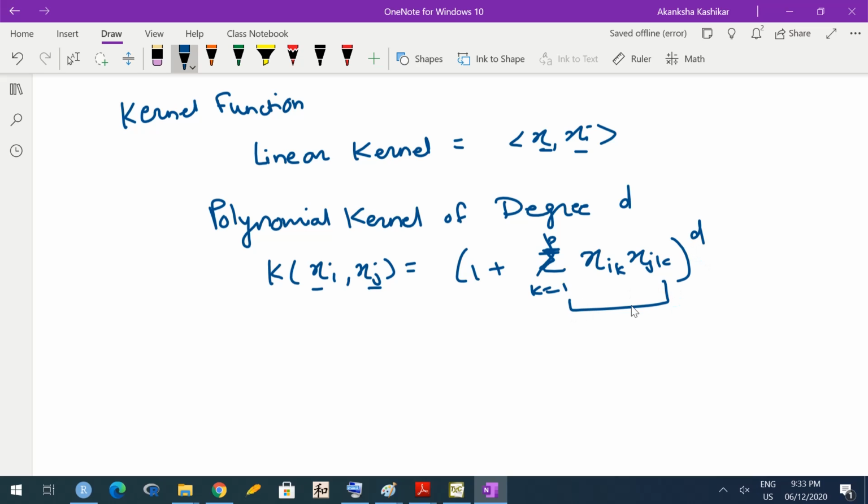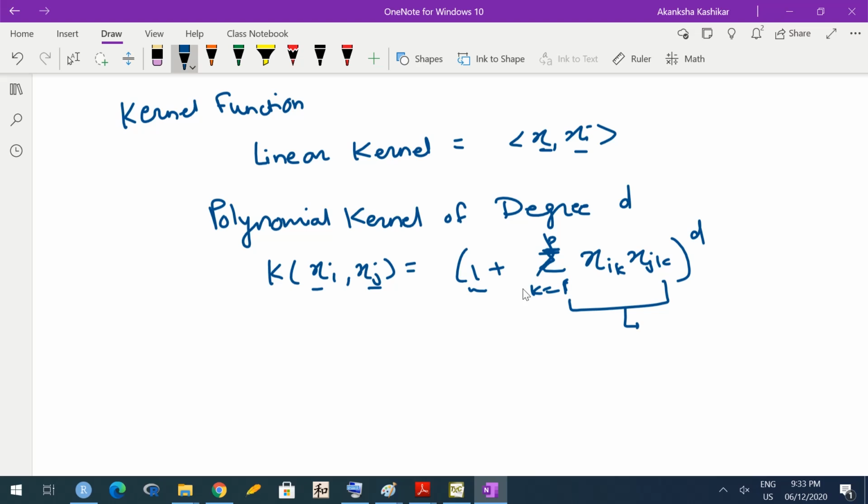This part is still like the inner product, the dot product. But now we are taking the dth power of that, and the 1 works like an intercept. So we are taking the polynomial kernel of degree d.